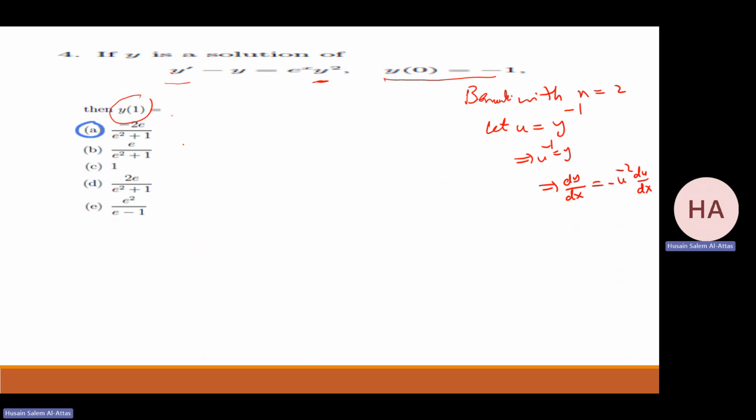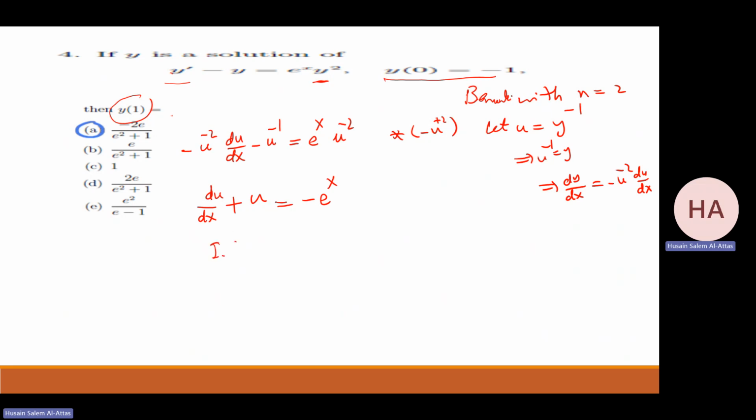I have minus u to the minus 2 du over dx minus y, which is u to the minus 1, equals a to the power x. u to the minus 2. I multiply by minus u squared, so I can cancel it. I have du over dx plus u equals minus a to the power x.